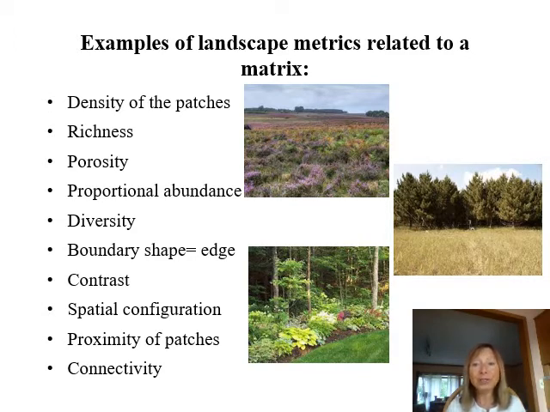Spatial configuration, again, we spoke before about the shape of individual patches within the landscape, but it also affects those boundaries between patches and the matrix, right? The more convoluted those boundaries are, the more convoluted our edges, the more habitat we actually have for the edge species and less habitat we have for the interior species.